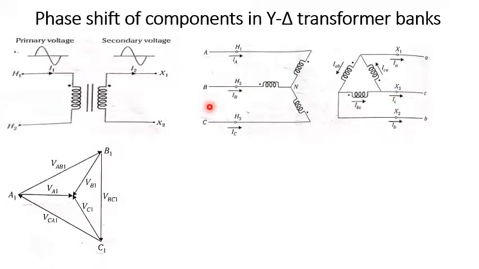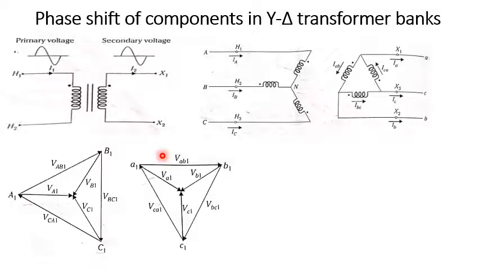So let us see how we can draw the positive and negative sequence voltages with respect to the primary and secondary side, or the high voltage side with the low voltage side. If you look at it, this is how we have drawn it.